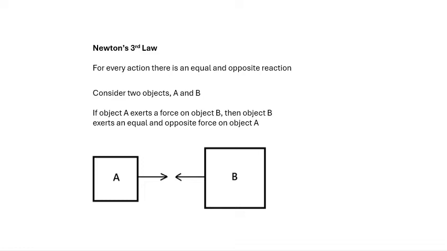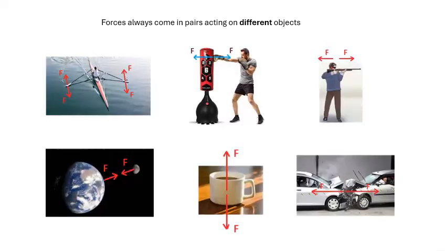If one of them exerts a force on the other one, either it pulls it or it pushes it, then the other one exerts an equal and opposite force on the first object. Forces always come in pairs, acting on different objects. Okay?